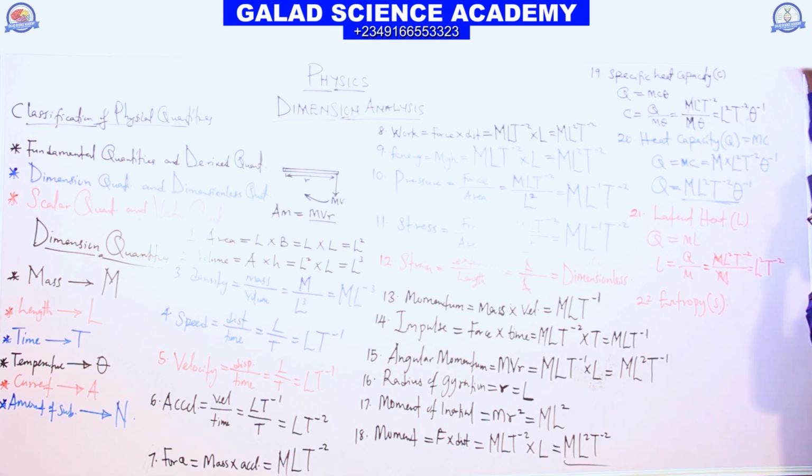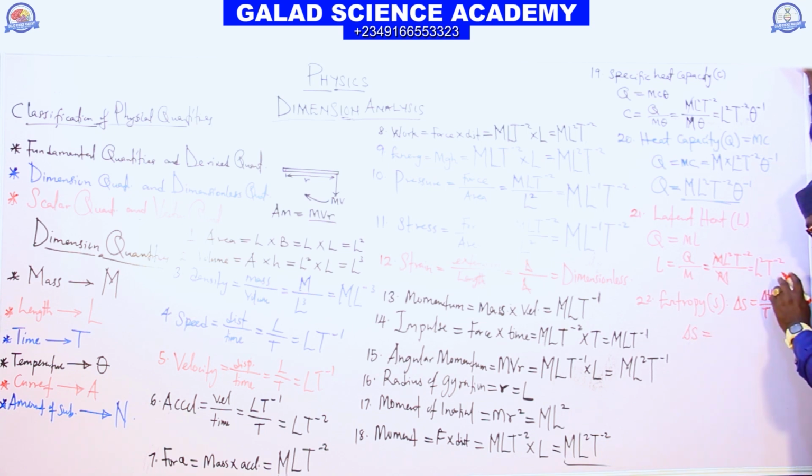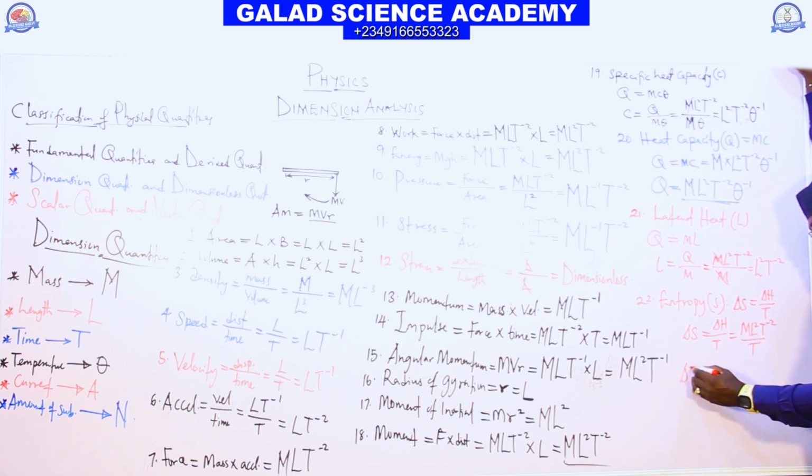The formula for entropy is change in S equals H over T, where H is heat energy. This energy here gives you M L squared T to the minus 2 over T. So the dimension for entropy will be M L squared T to the minus 3.